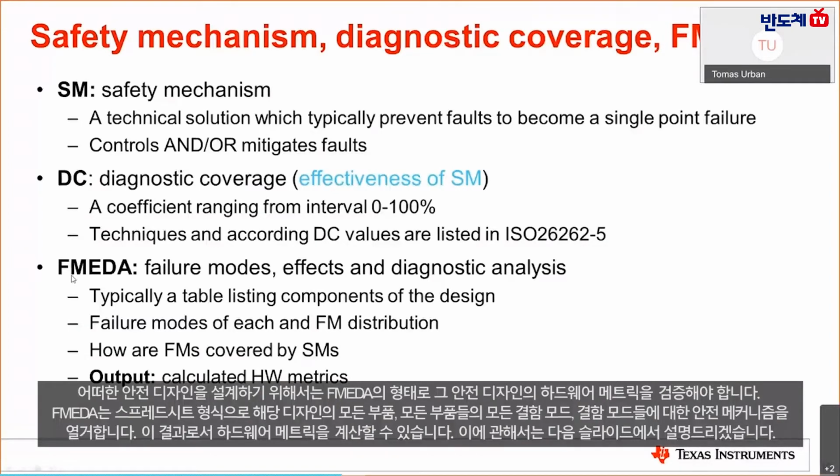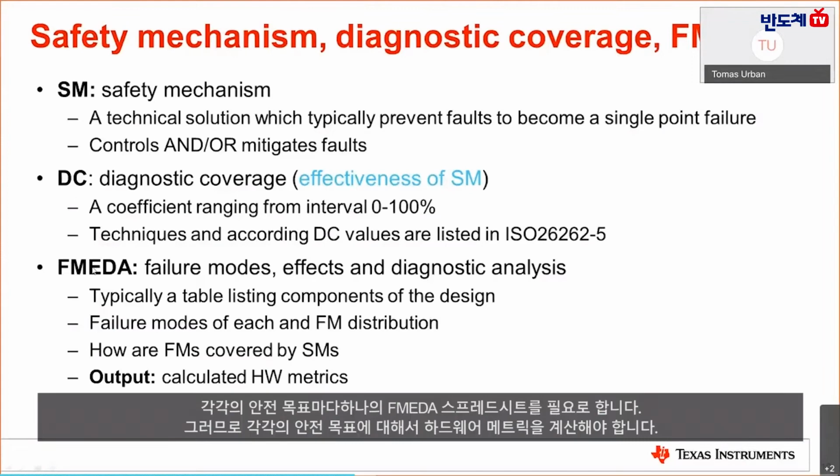You would need to prove the hardware metrics of your safety design, and usually in the form of an FMEDA, which is a spreadsheet listing all the components of the design, all the failure modes of all the components, how the failure modes are covered with safety mechanisms, and the output is hardware metrics, which I'll describe in next slides.